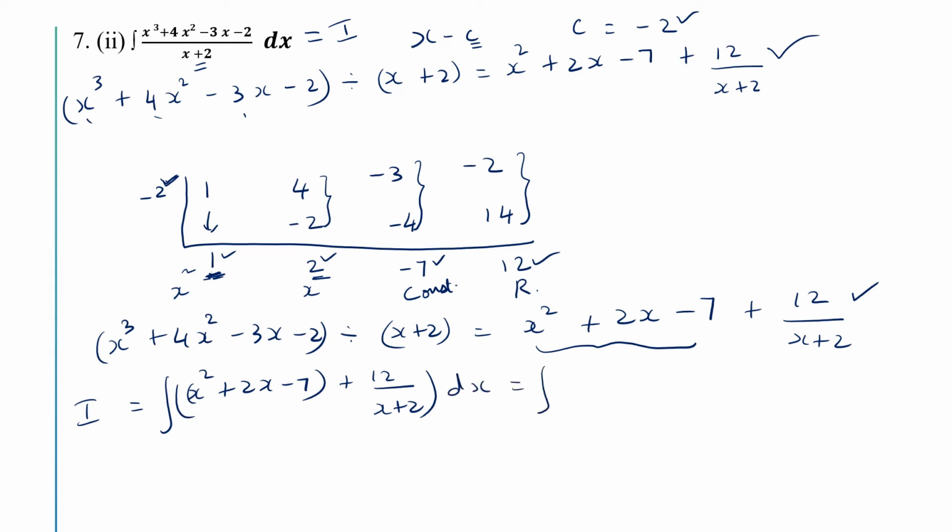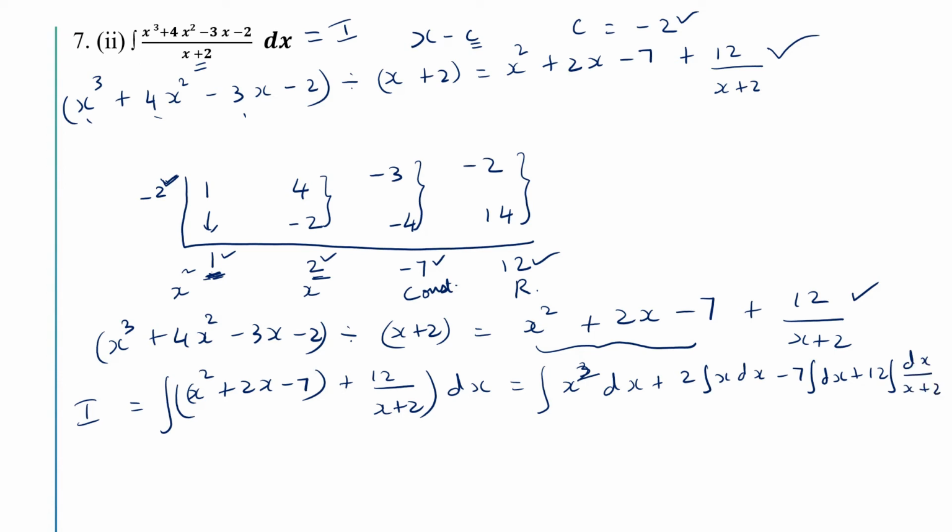Now it is very easy. We can use the standard integrals: integral x square dx plus 2 integral x dx minus 7 integral dx, then plus 12 integral dx by x plus 2.